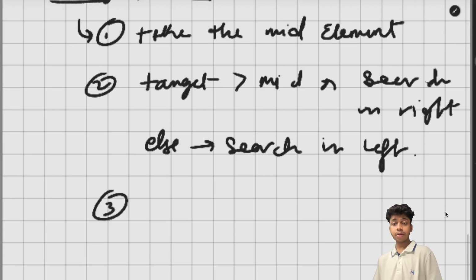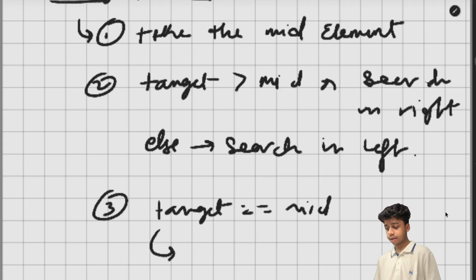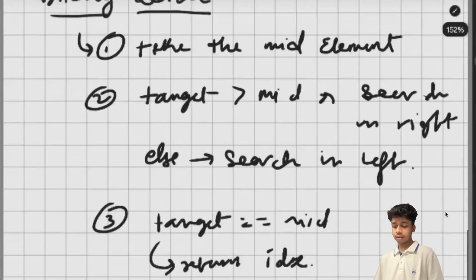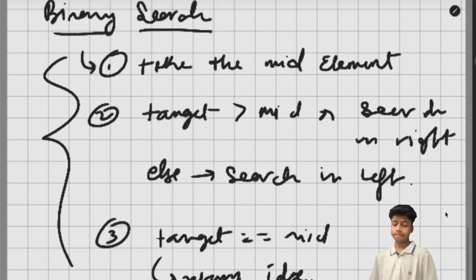Then a third case: if our target is equal to our middle element, then return the index. So these are the steps and these are the cases.